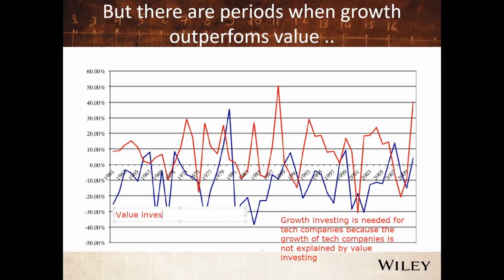However, value investing explains a lot of the growth of banks and railroads. So it just depends on the industry. Certain industries require growth investing, certain industries require value investing.